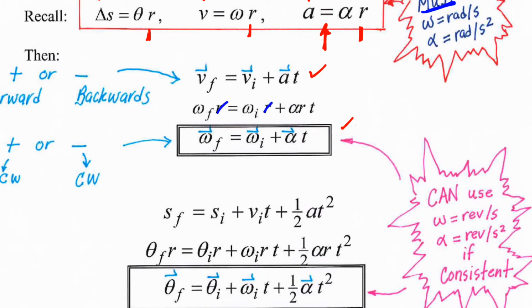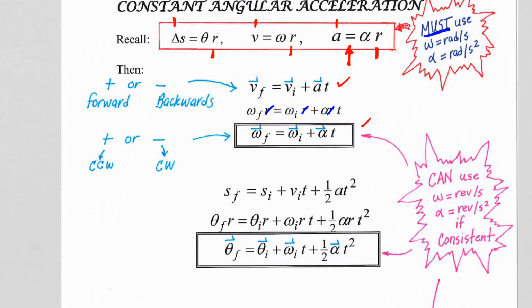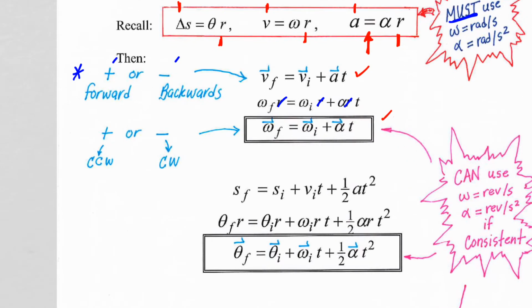Cancel, cancel, cancel. And please put in that they are vector quantities, because in our linear case, you must have the positive or negative in there for the vector quantities. And now we must have the positive and the negative in there for counterclockwise and clockwise, and that's by convention.